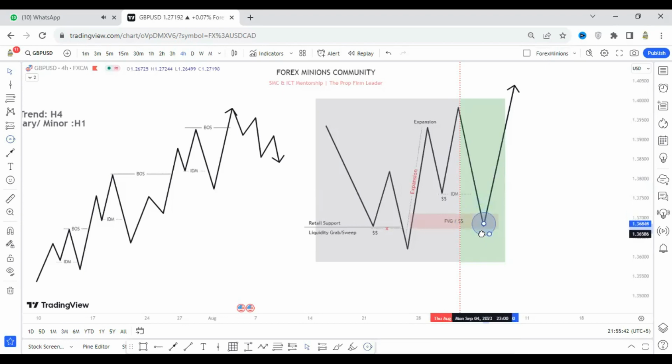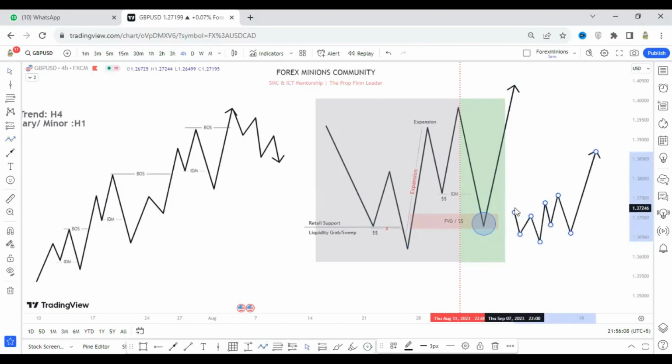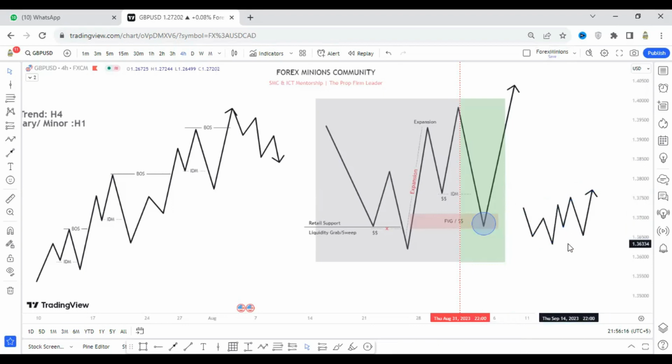Now, the second thing: when the market comes back into our fair value gap zone, again on the 1 minute time frame, we will find a minor structure shift on that lower time frame. At this point in this circle, when the market hits your POI zone, we will find the setup again.